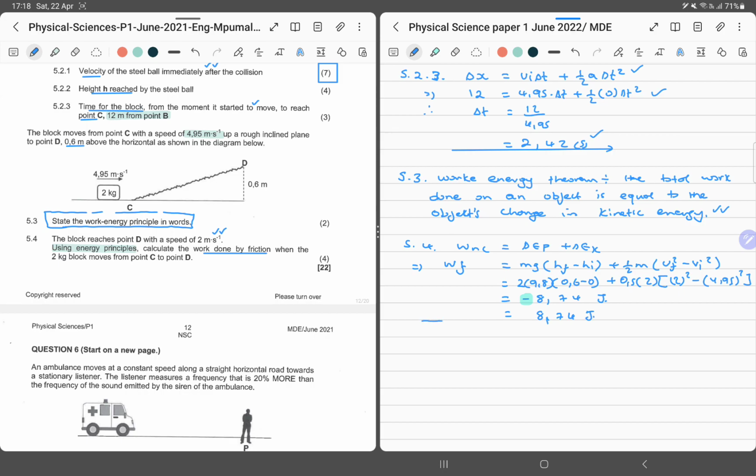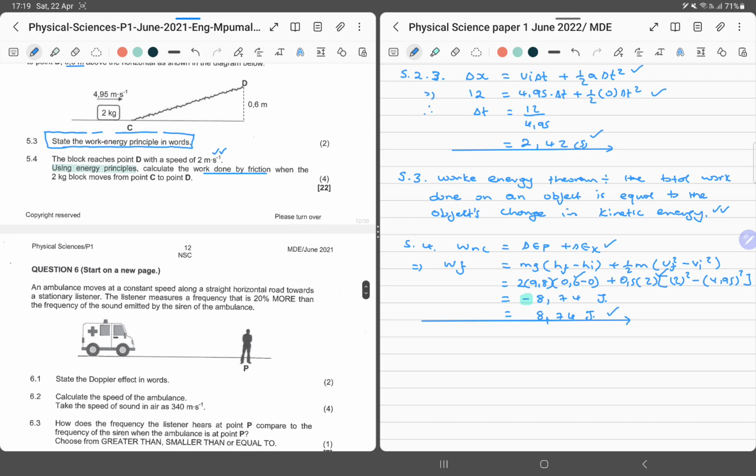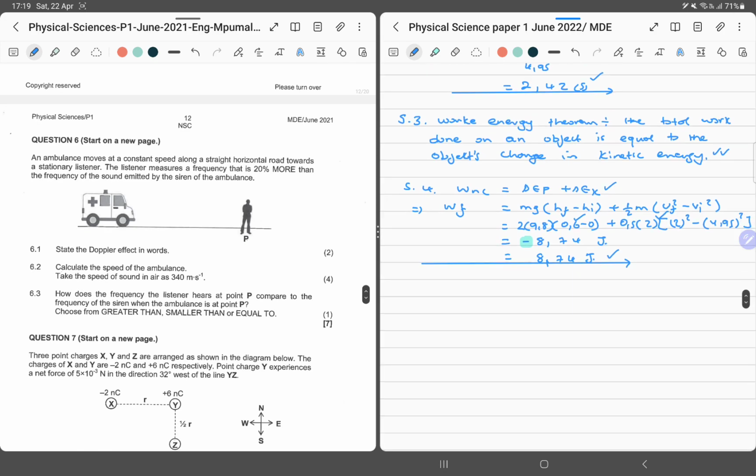We don't worry too much about other things. The sign is only trying to make sense of the situation, that it's not doing positive work, but it's actually doing negative work. Easy. So they're giving 4 marks: formula, perhaps each substitution here because it's quite complicated, and the final answer. Okay, so you can see this question was made a little bit interesting. So let's move on.